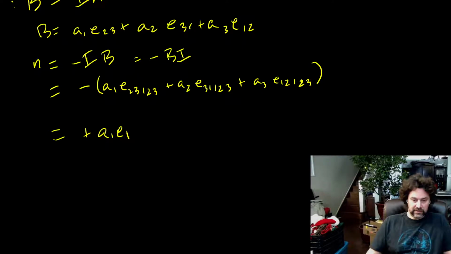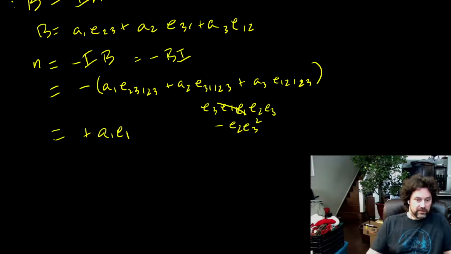Now if we look at our next term, we have e3 e1 e1 e2 e3. e1 squared is 1, so we're left with e3 times e2 times e3, which is minus e2,3 squared, which is minus e2, so it's minus again.